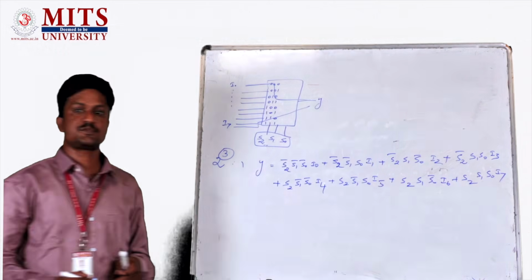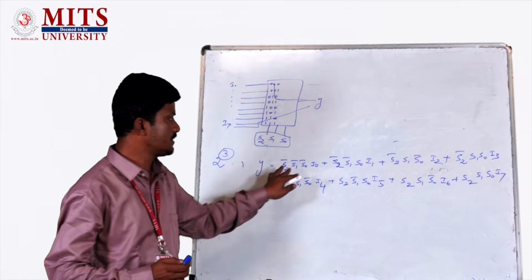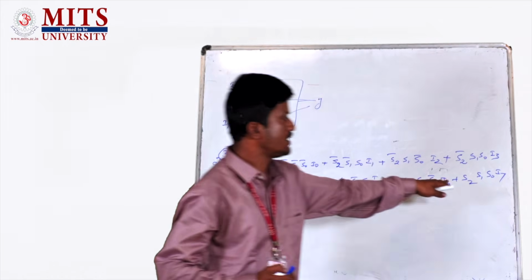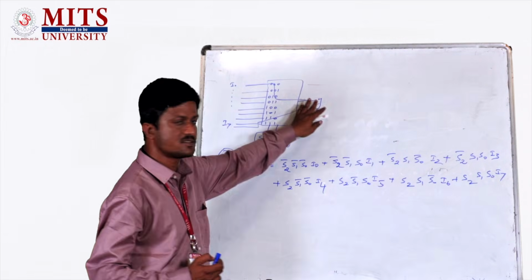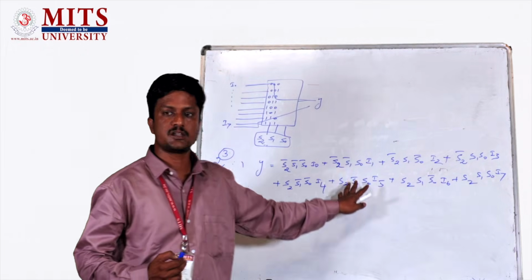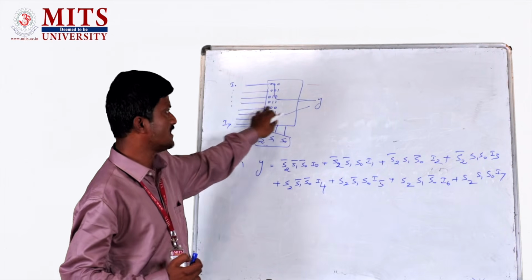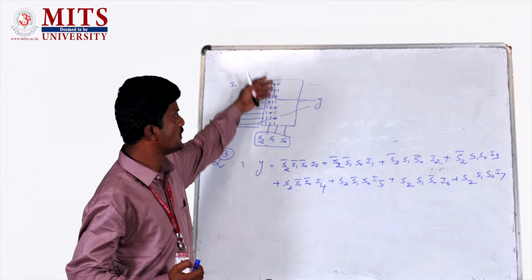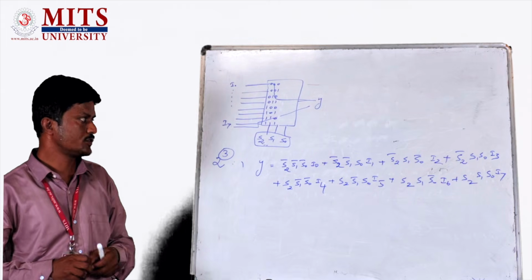This is the logic expression for 8 is to 1 mux. So there are a total of 8 minterms. When all the selection lines are high, you are going to select I7 as output. If you are going with 1, 0, 0, then you are going to select I4 as output. In a similar way you can select whichever data input is required for output.